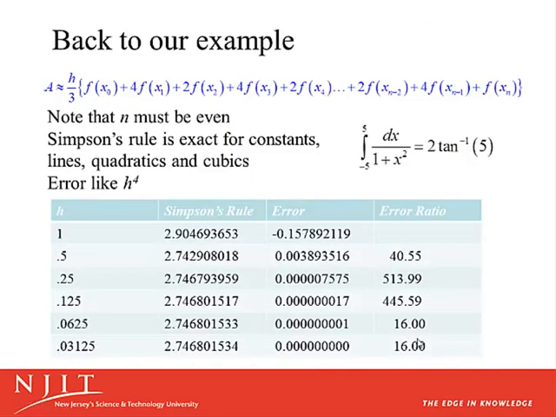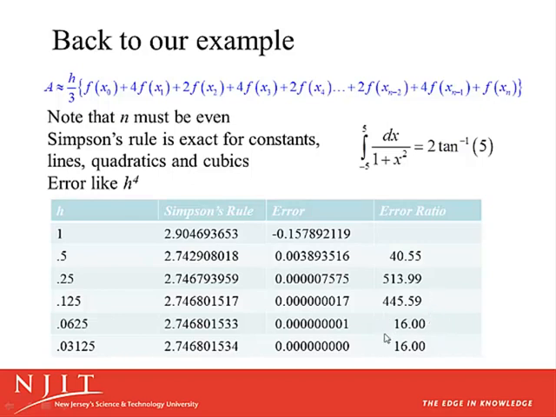Let's go back to our previous example, the integral of 1 over 1 plus x squared from minus 5 to 5. And we're going to use Simpson's rule in this case. So in the case where h equals 1, we would have 11 points. x0 is at the left and x10 is at the right. We use Simpson's rule, plug it in, and the errors go down very quickly as we get closer and closer to the true value of the integral.